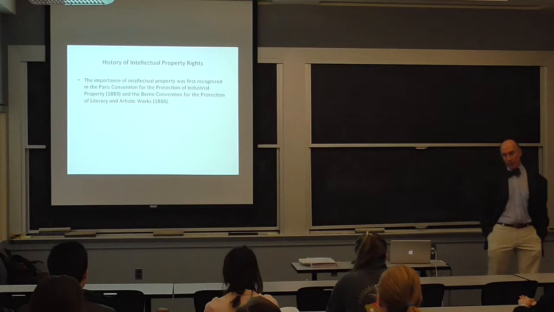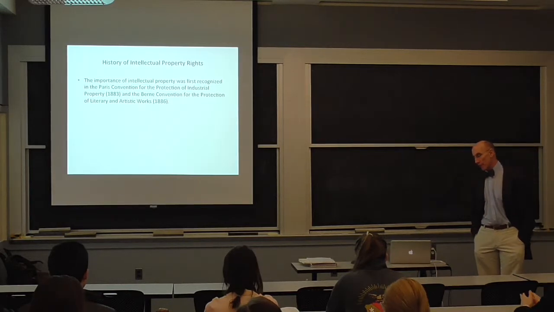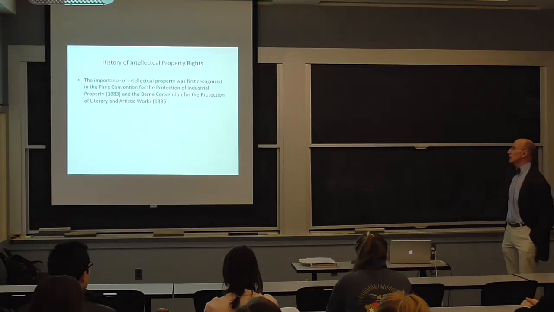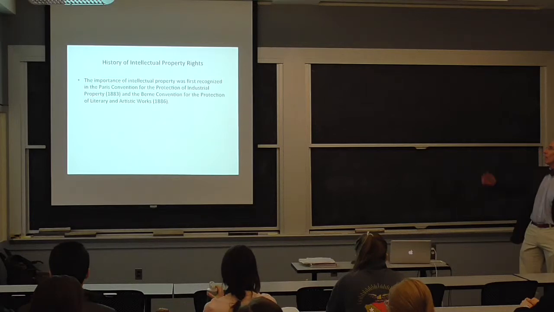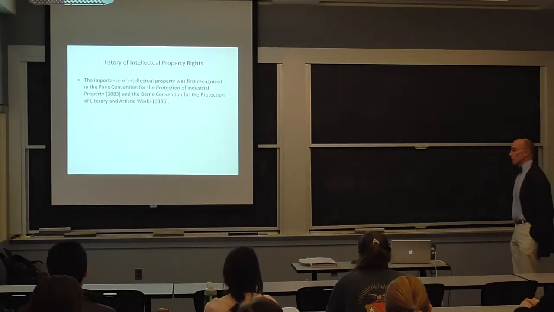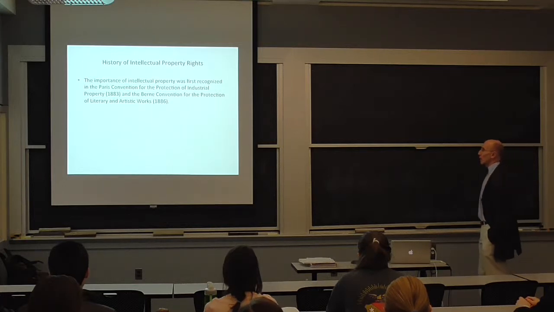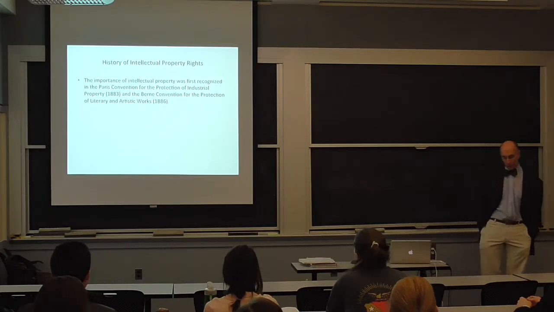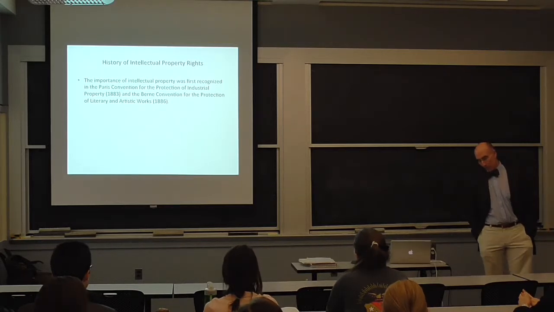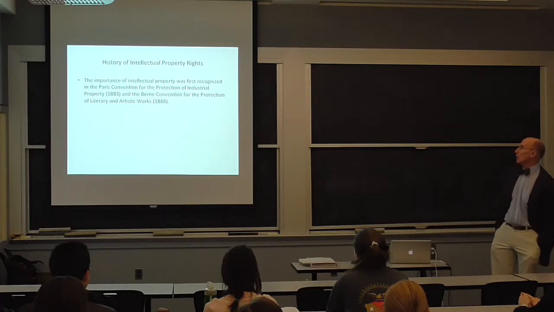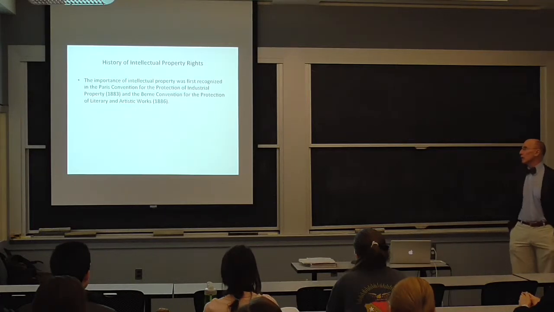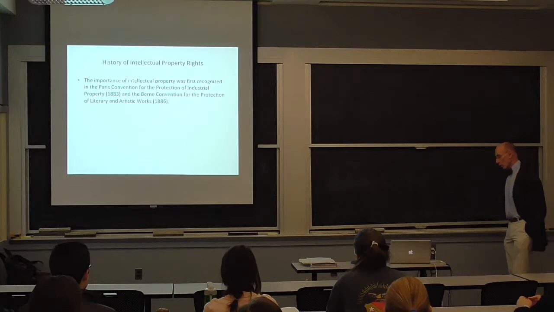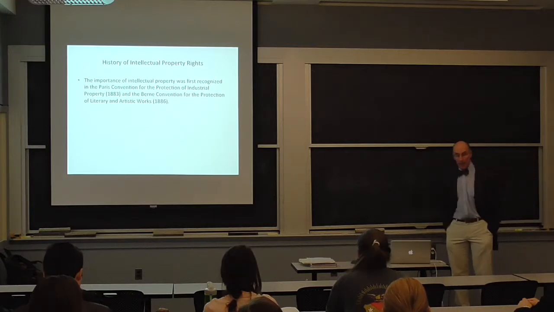Now, actually, the history of intellectual property goes back further than the International Declaration of Human Rights in 1948. As far as I can tell, the first significant recognition of intellectual property rights was contained in the Paris Convention for the Protection of Industrial Property, which was created in 1883, and the Berne Convention for the Protection of Literary and Artistic Works, which goes back to 1886.